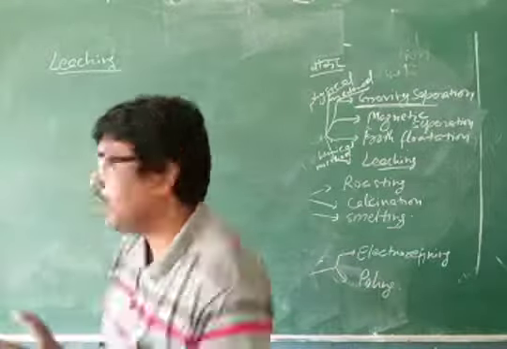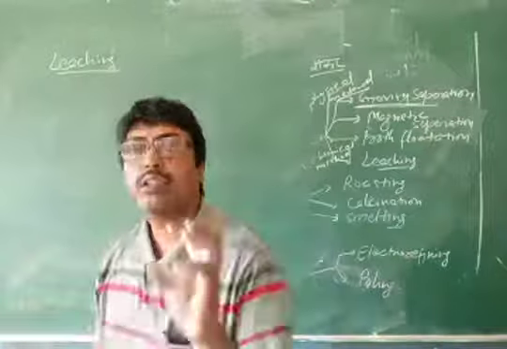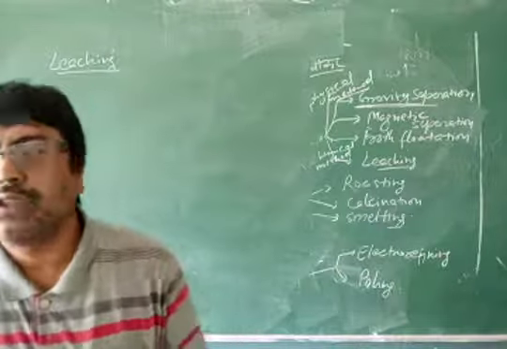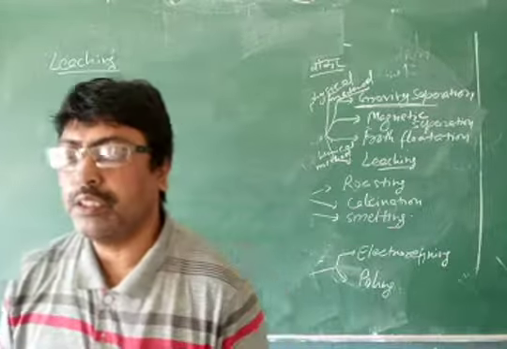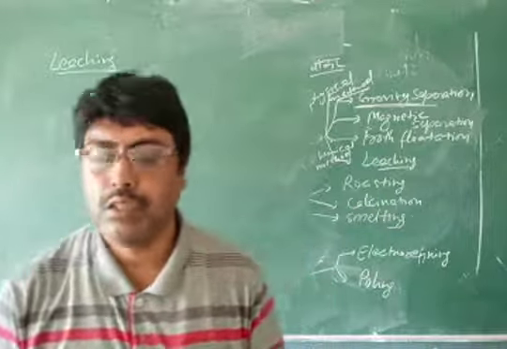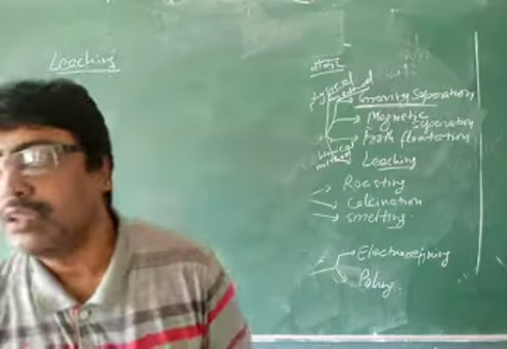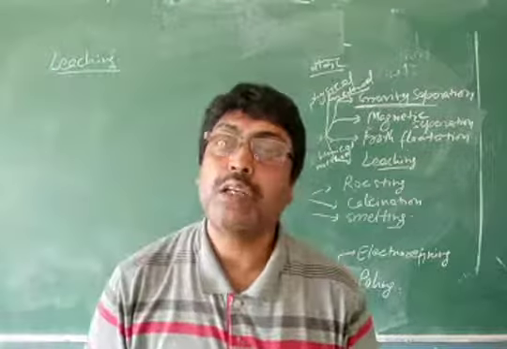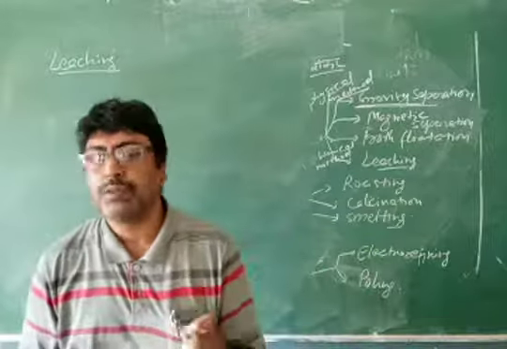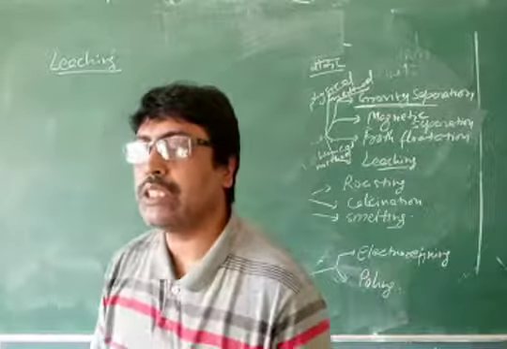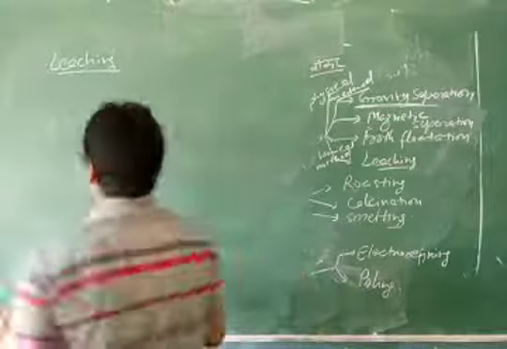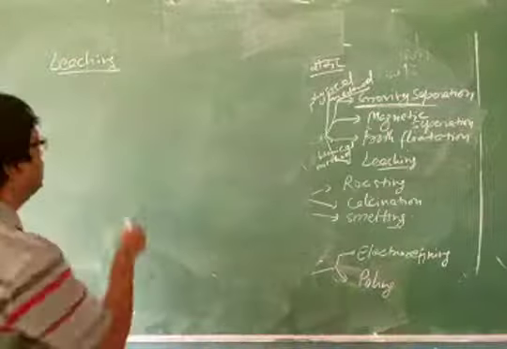In this process, the concentrated ore is treated with a suitable reagent in which the ore is soluble, but the impurities or gangue particles are not soluble. I am repeating: leaching is a chemical method.